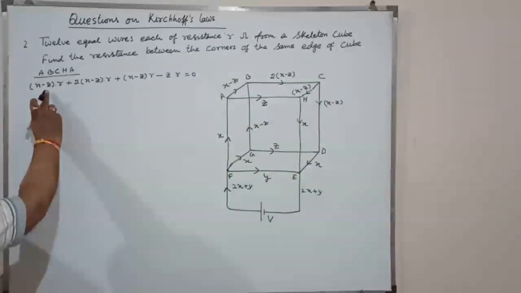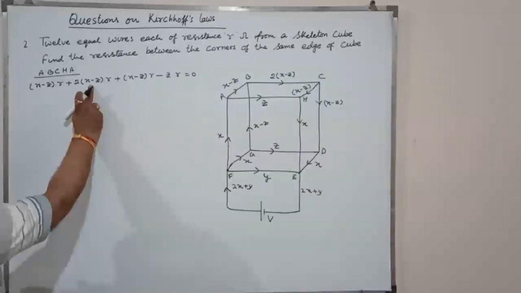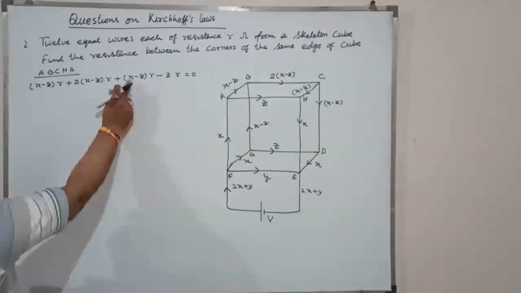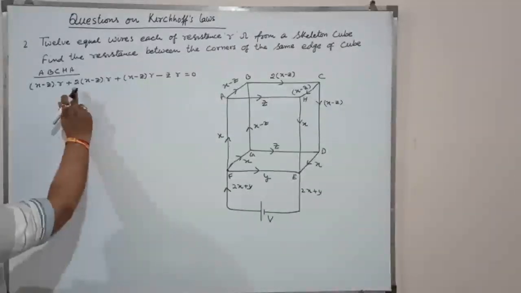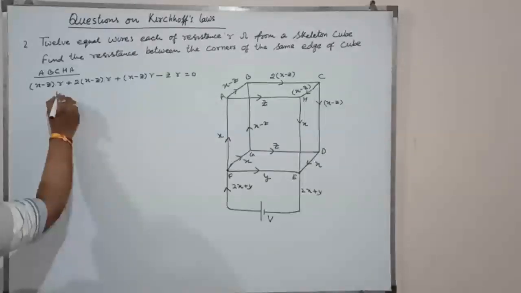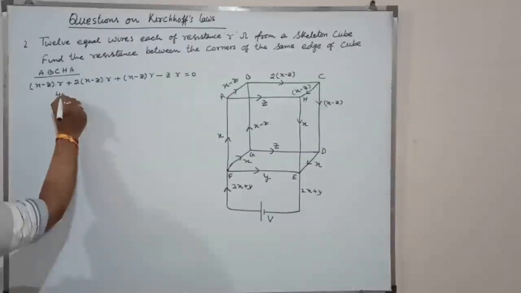Here x minus z, 2x minus z and x, this is 2 or 2, 4, this is 4x.